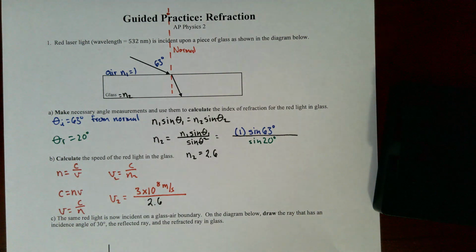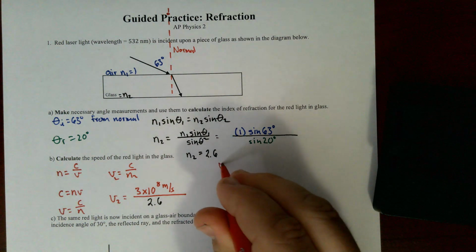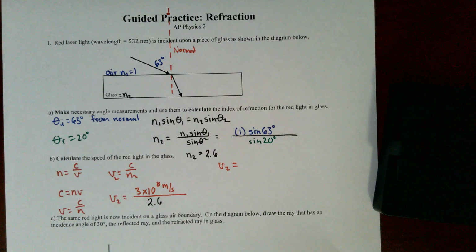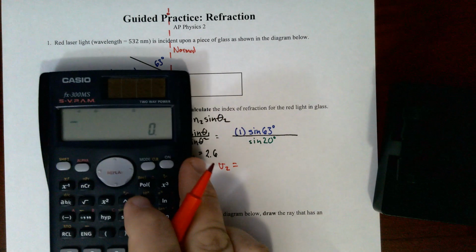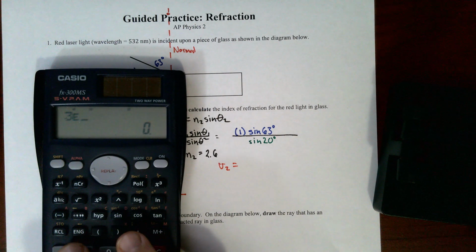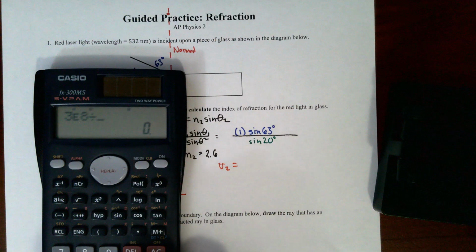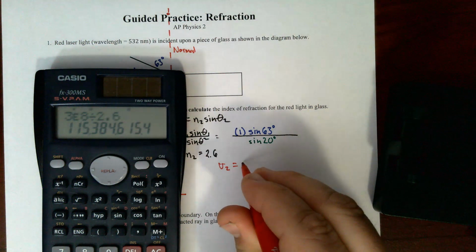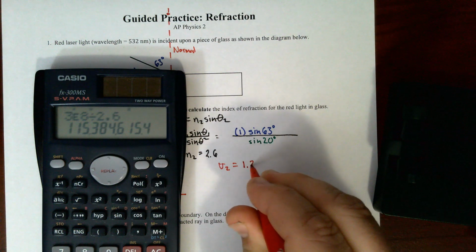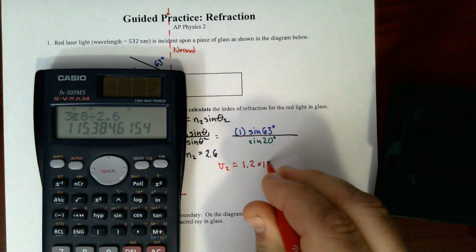When we grab our trusty calculator and do 3 times 10 to the 8th divided by 2.6, I get something like 1.2 times 10.